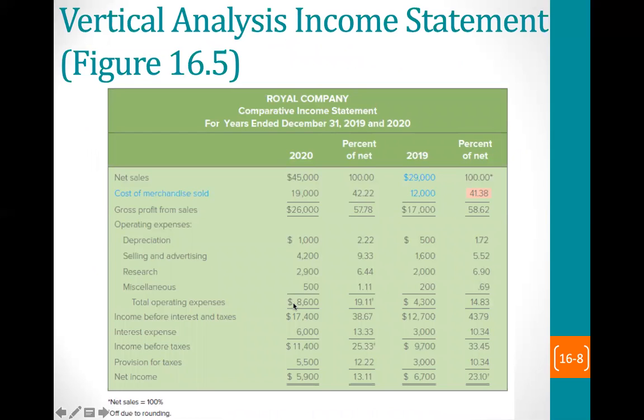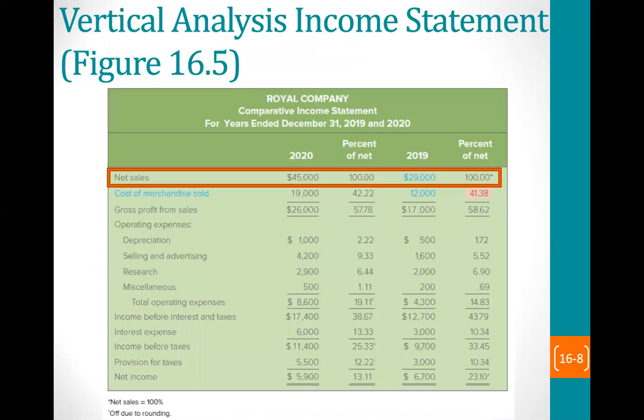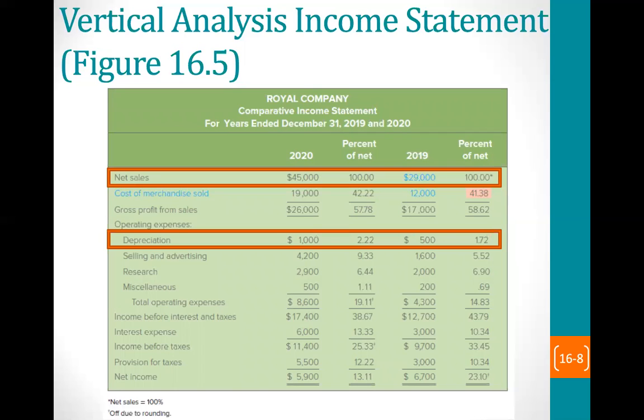So the vertical analysis of an income statement. When you're doing the vertical analysis of an income statement, you're going to divide each line item by net sales. So net sales is your base. That is your 100%. So let's look at depreciation, for example. In 2020, we had $1,000 of depreciation, and our net sales was $45,000.